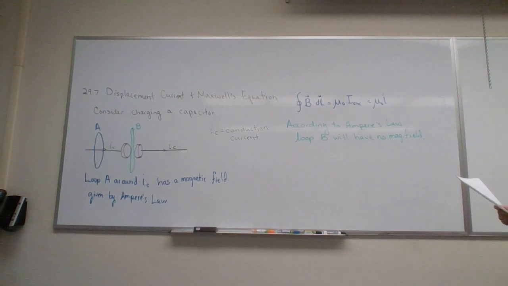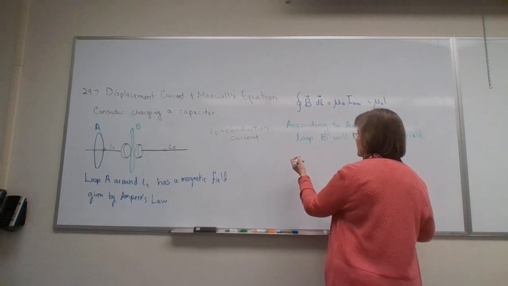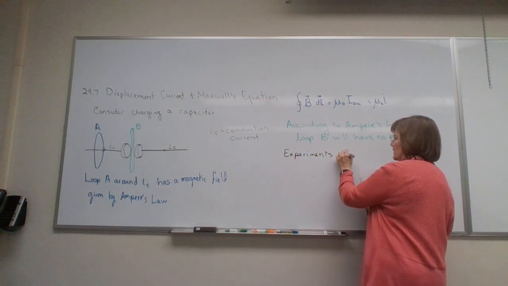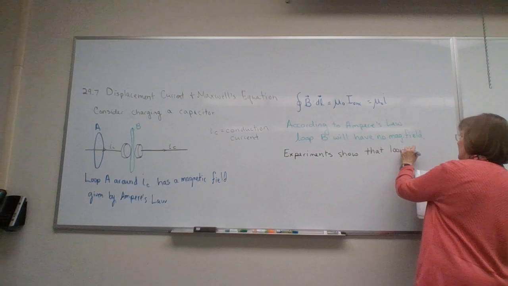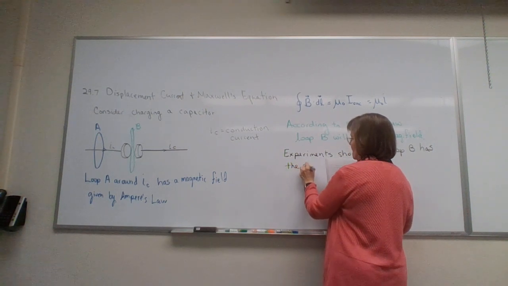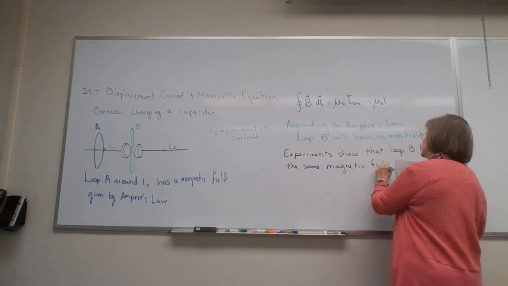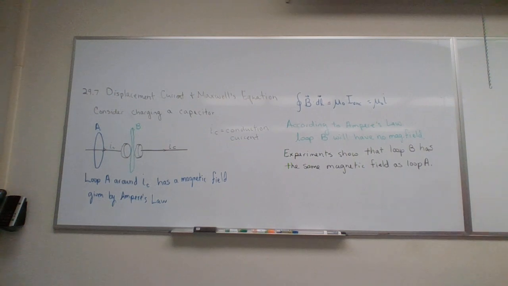Well, strangely, experiments show that loop B has the same magnetic field as loop A. That's kind of a problem because it kind of looks like Ampere's law must be broken.